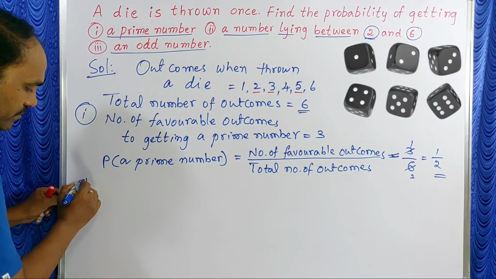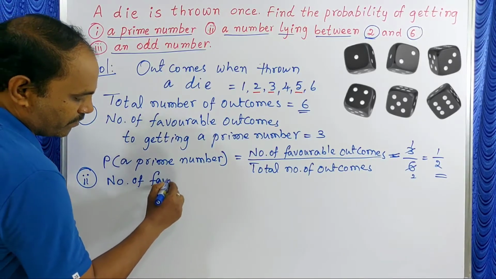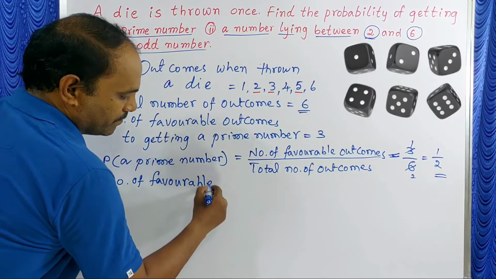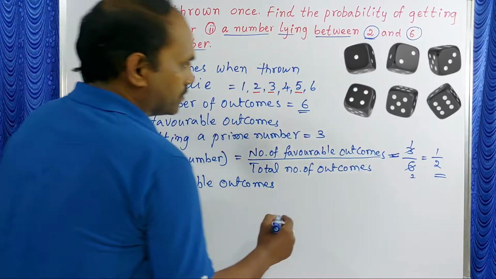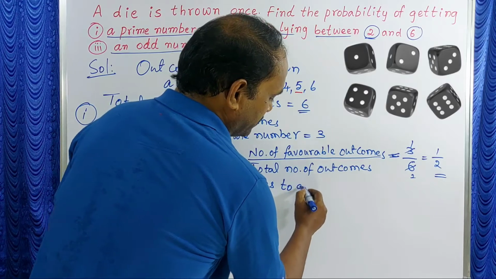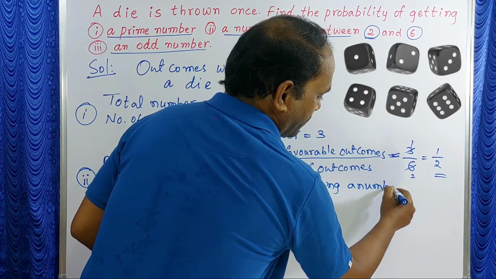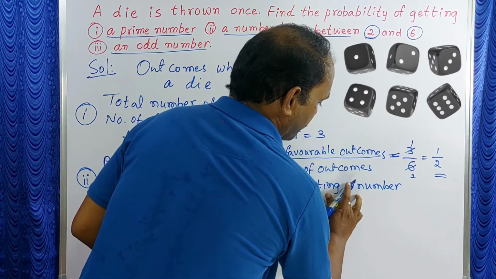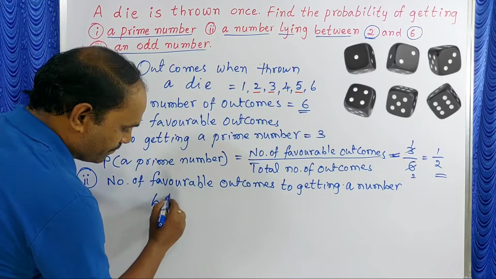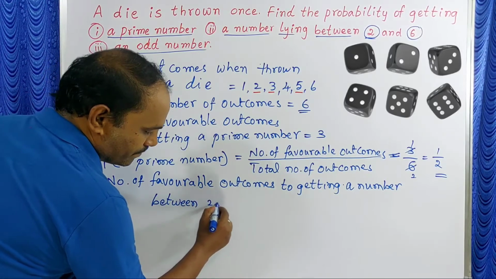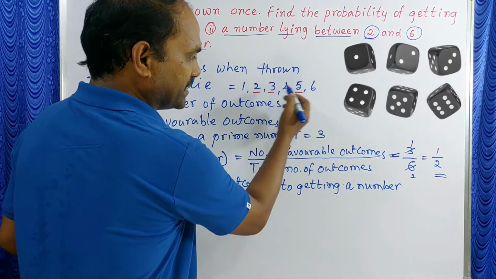So, in the second one, number of favorable outcomes to getting a number between 2 and 6 is equal to how many? Between 2 and 6: 3, 4, 5.